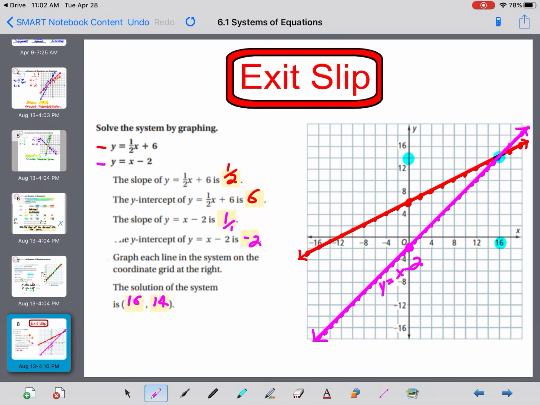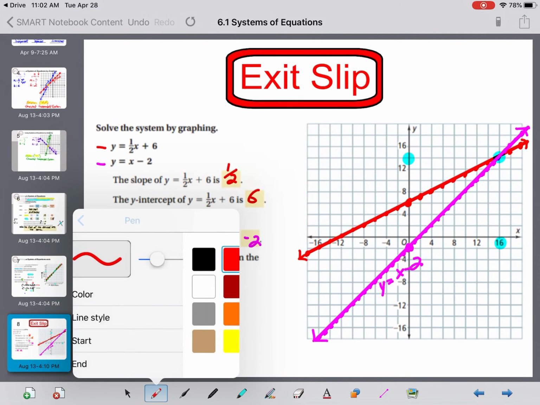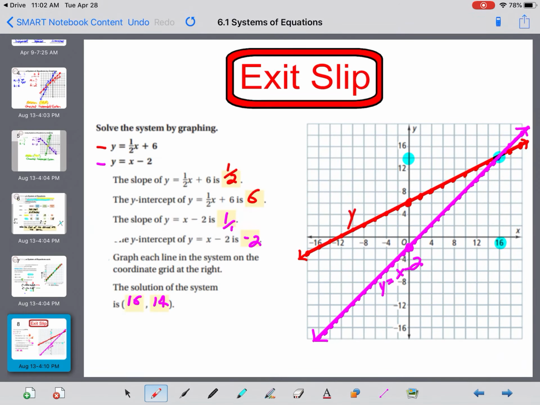Y equals x minus 2. Y equals 1/2 x plus 6. And our solution is 16, 14.